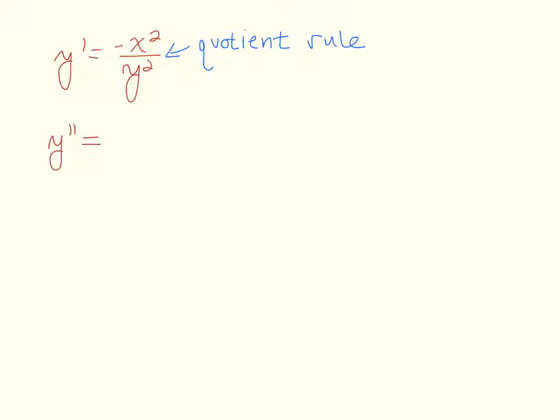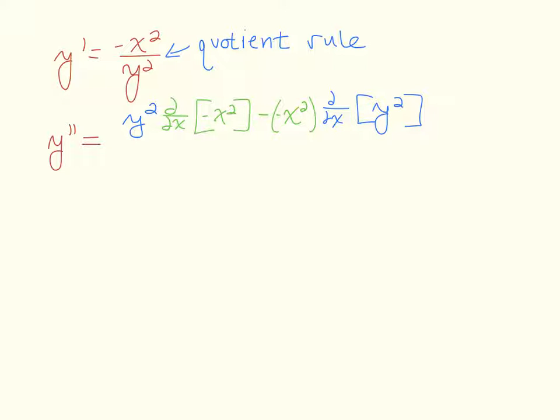So the quotient rule states we will have the denominator times the derivative of the numerator, and from there we will subtract the numerator, which is negative x squared, times the derivative of the denominator, y squared, all over the denominator squared.